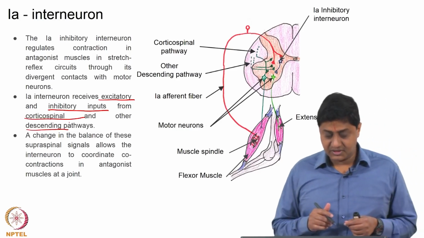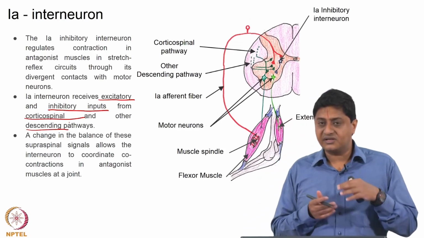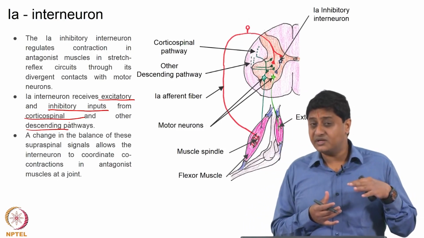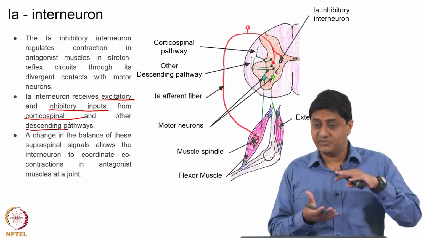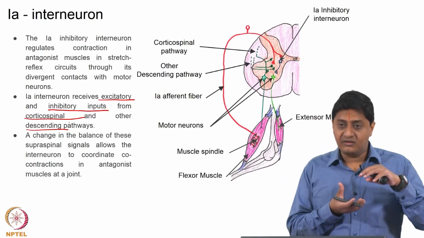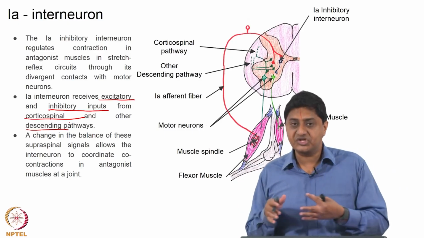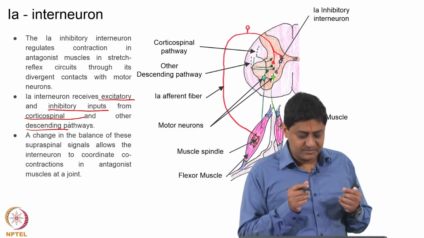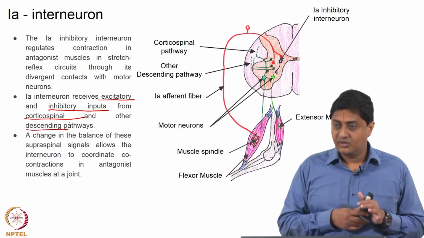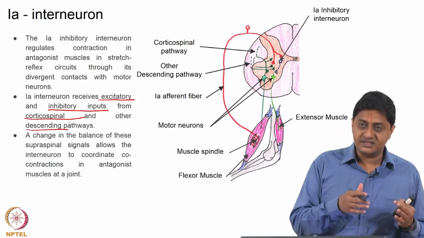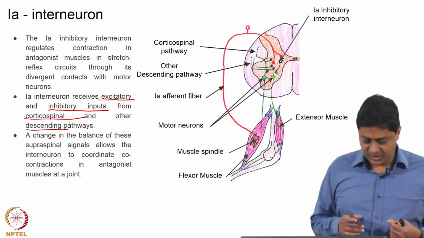So there are multiple inputs, and there must be a balance of excitation and inhibition. It could be tipped in favor of excitation or in favor of inhibition. Depending on that, excitation or inhibition of the muscles innervated by the affected neurons will happen.